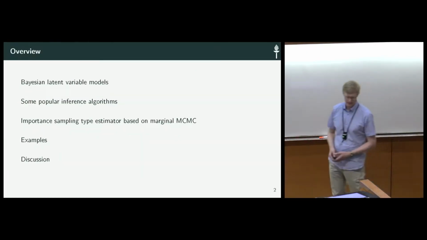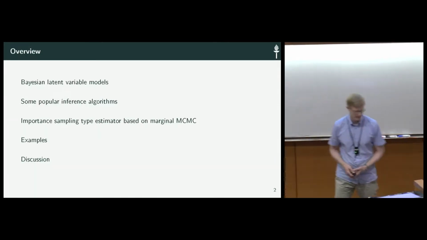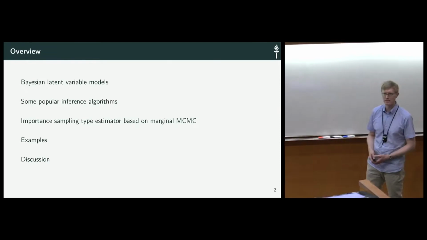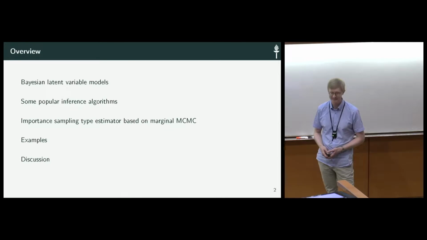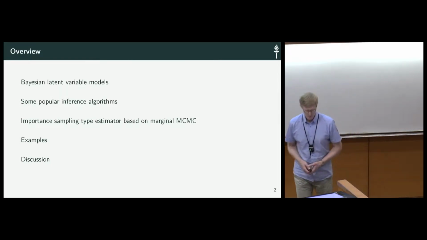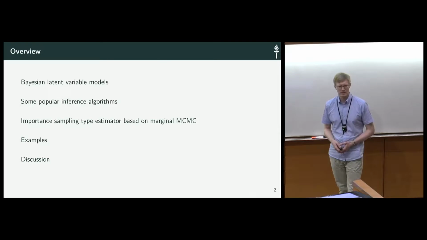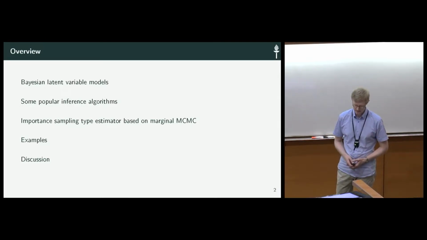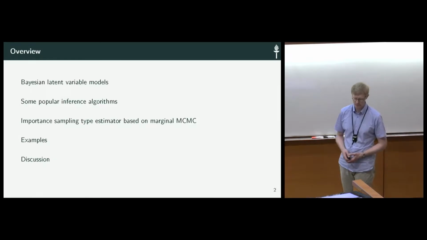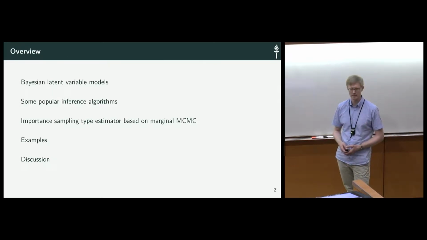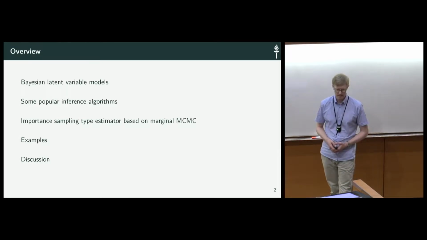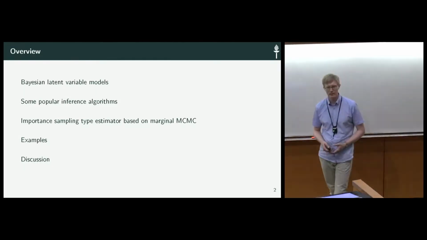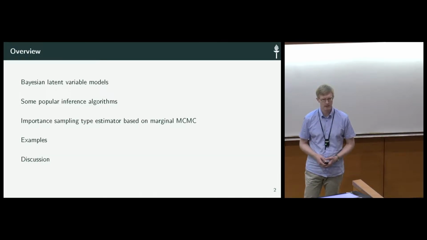Right, and basically what I'm going to talk about is inference for latent variable models. We've seen latent variable models in this meeting several times before, and this is no exception, so there will be more. But that's an important class of models, and we want good inference algorithms for that. And then I'll talk about some existing inference algorithms for that class of models, which are popular or used a lot in practice, and then what we suggest that might actually be a good idea.